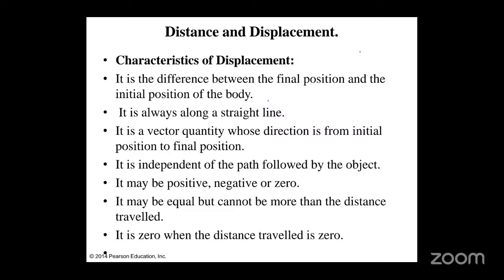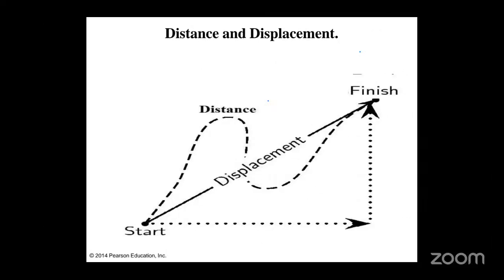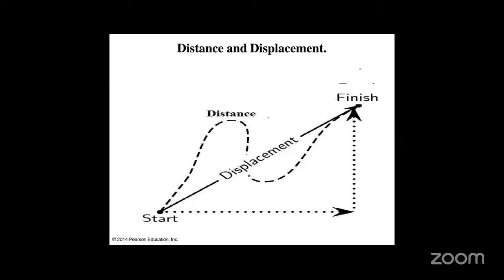So now this diagram illustrates all the points mentioned in the characteristics of distance and displacement. If you look at this diagram, the object started here and finished up here.